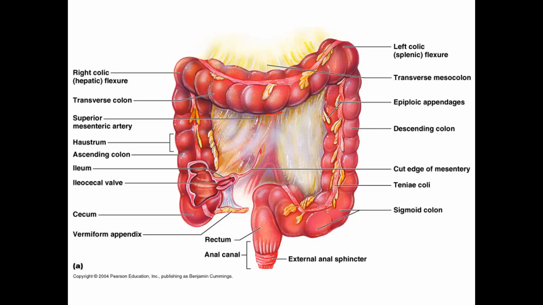This is the ileum, and the distal part of the ileum connects to the cecum. There's a sphincter right here called the ileocecal valve. This sphincter allows stuff to get into the large intestine and prevents stuff from coming back into the small intestine.